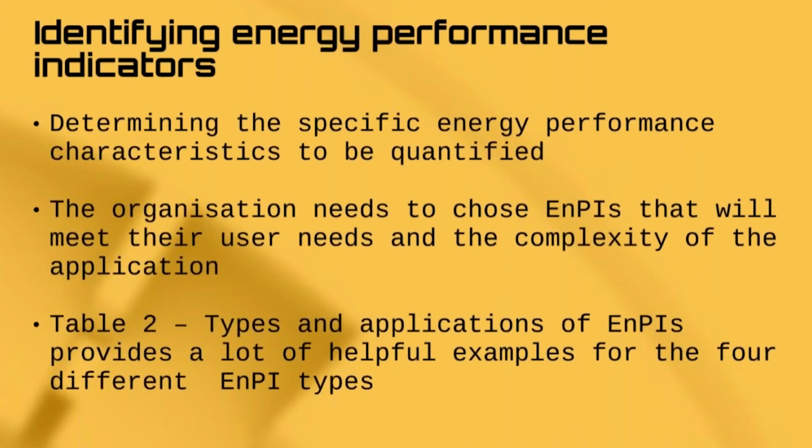So, determining the specific energy performance characteristics to be quantified, the organisation needs to choose EnPIs that will meet their user needs and the complexity of the application. Table 2 in the standard shows the types and applications of energy performance indicators and provides a lot of helpful examples for the four different EnPIs.